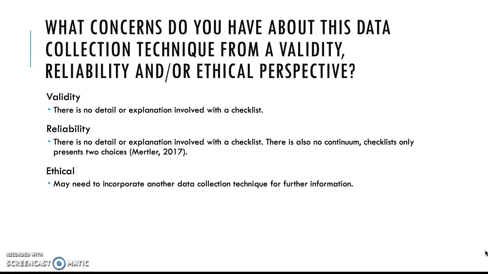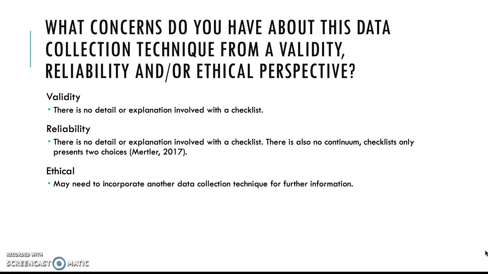And then reliability, again, there's no detail or explanation involved. If you're trying to use this data to explain, you might need to go into more detail to explain, okay, this many kids could not sort, but this is a common pattern I saw. So you don't really get that with the checklist. There's also no continuum with it. It's not, okay, she did it a little bit.